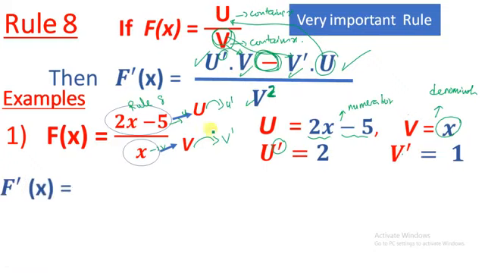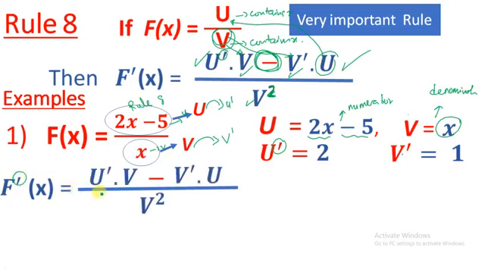I need to substitute. First, we will write the rule. f prime of x equals u prime v minus v prime u over v squared. Now I will substitute each term by its value.